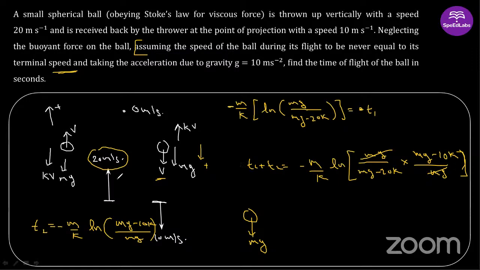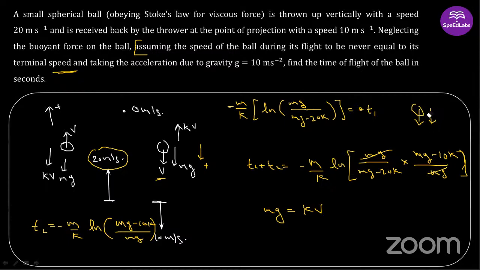One second. If this is moving with v, then here that won't be a terminal speed. This is always decreasing. So let us just assume if that is the terminal speed, mg will be equal to kv. If I assume, okay, see, when it is moving upward, the mg is acting downward as well as the resistive force, right?